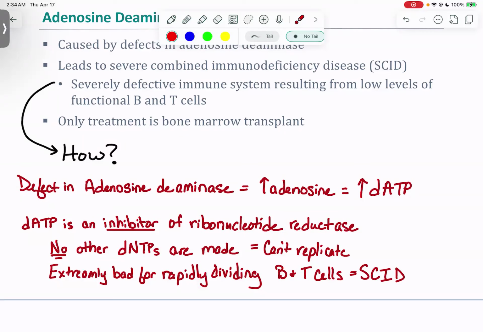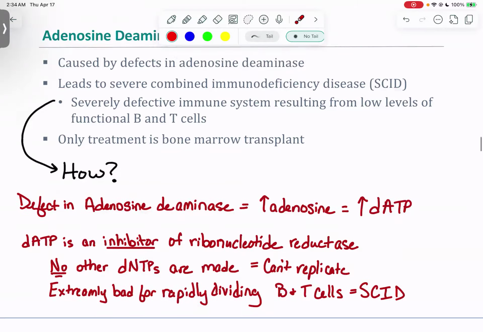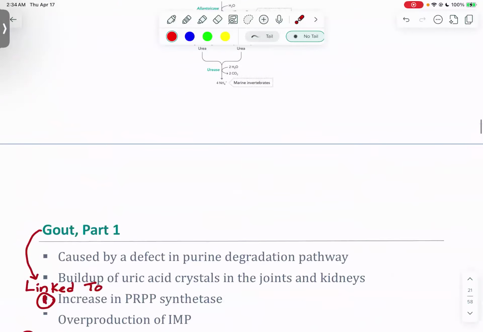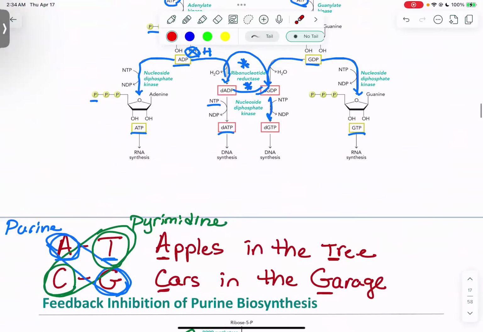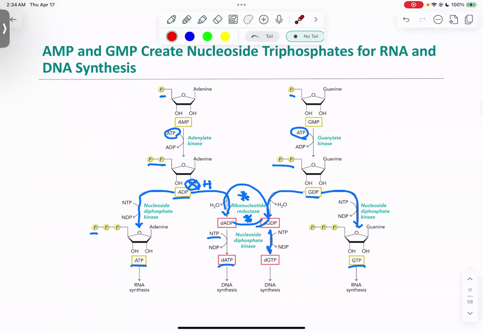And so it ends up turning it into the deoxynucleotide, so the dATP. Well, dATP is an inhibitor of the ribonucleotide reductase. Pause, go up, and go find where that enzyme was. Right here, ribonucleotide reductase. This is the enzyme that allows us to make nucleotides that are required for DNA.